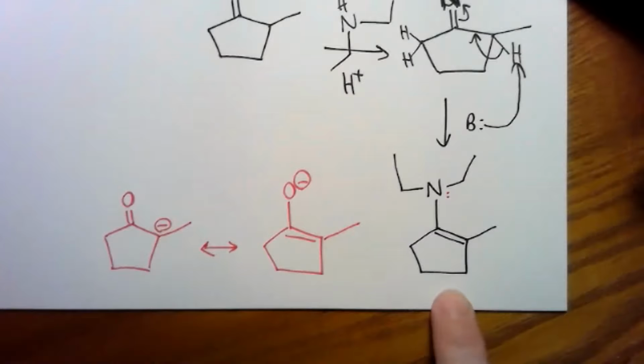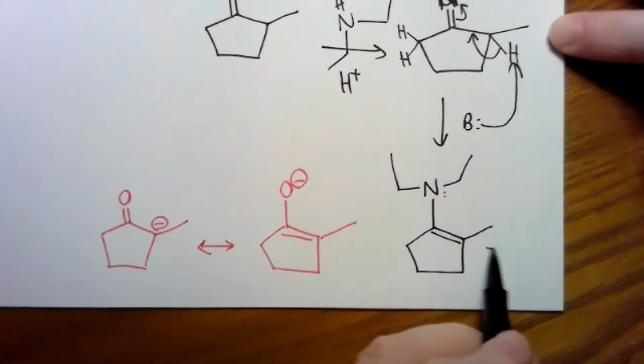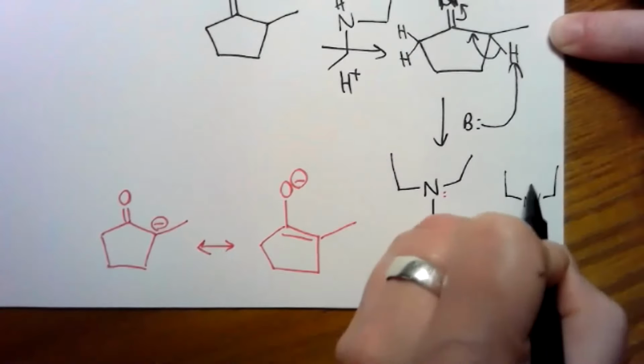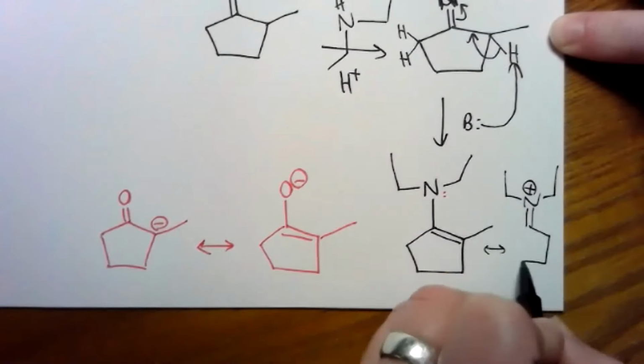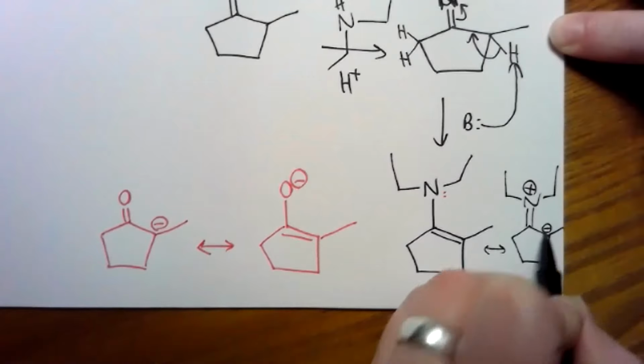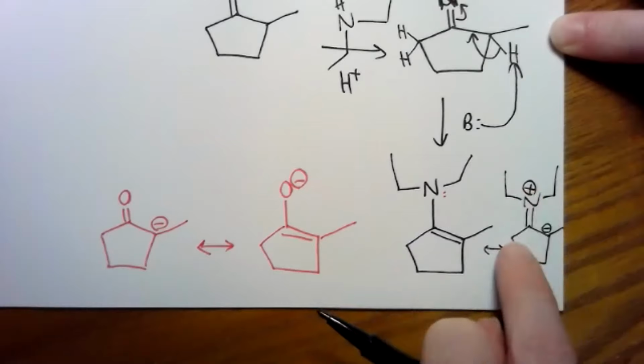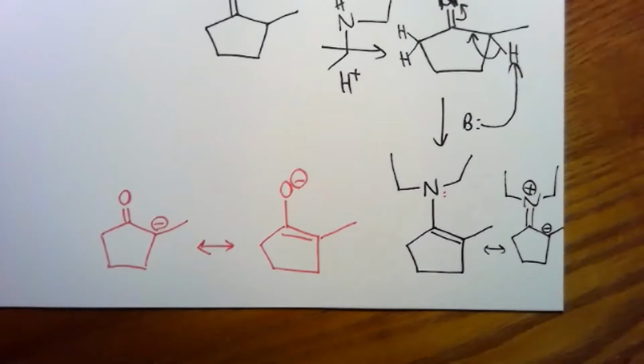This enamine can be drawn as this enamine, or you can draw the resonance version where it's iminium looking. Iminium, carbon with a minus, nitrogen with a plus, an iminium version.